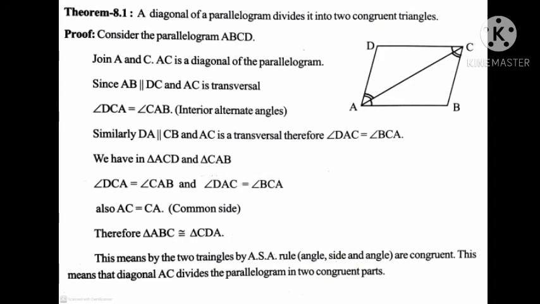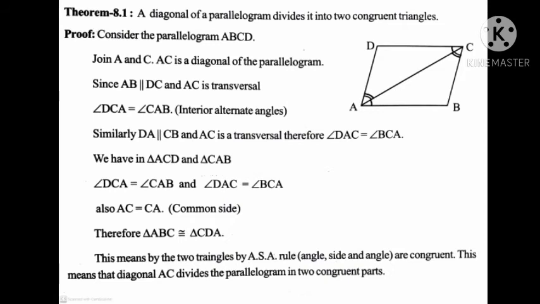Since AB is parallel to DC and AC is a transversal, angle DCA is equal to angle CAB, since they are alternate interior angles. Similarly, DA is parallel to CB and AC is a transversal. Therefore, angle DAC is equal to angle BCA.